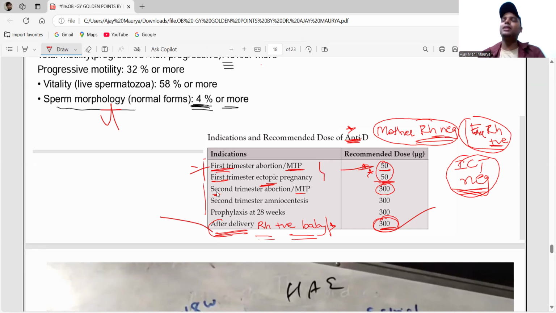Second trimester you have to give 300, and prophylactic at 28 weeks also 300, and after delivery also you have to give 300. Please remember.